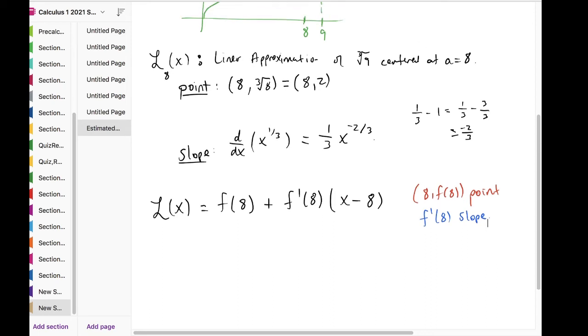Do you agree with that? Answer with a yes. Okay, so that is 2 plus, okay, what happens when you plug in 8 into this?